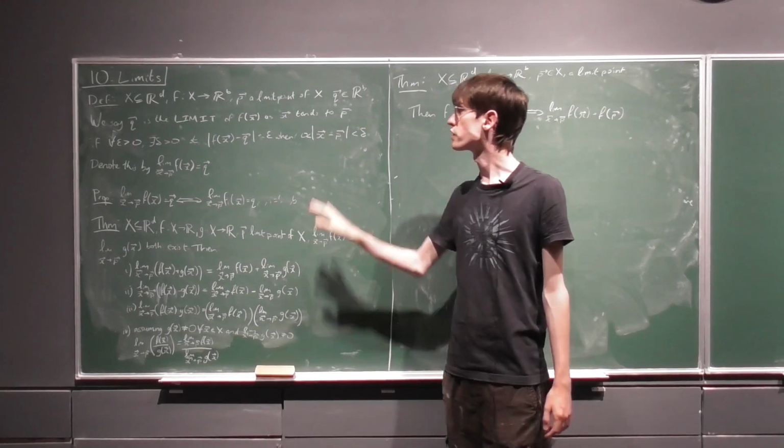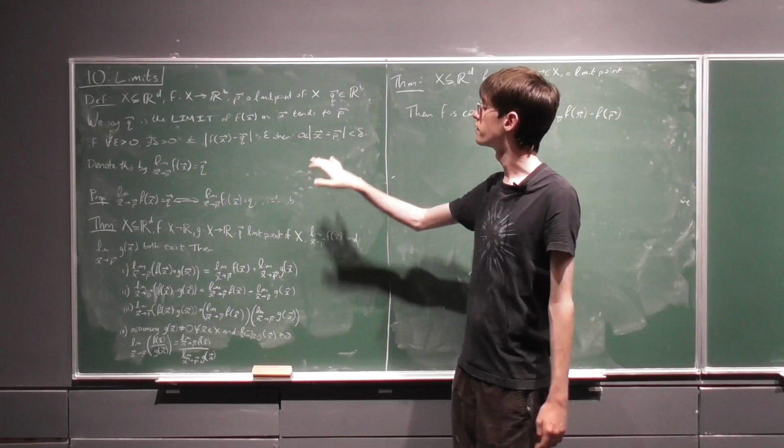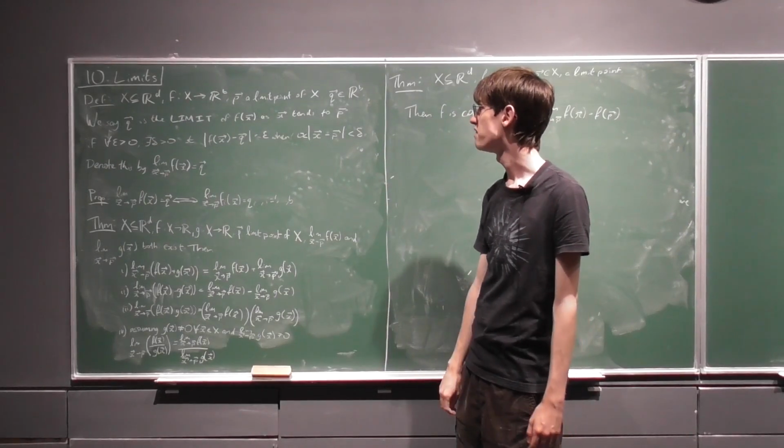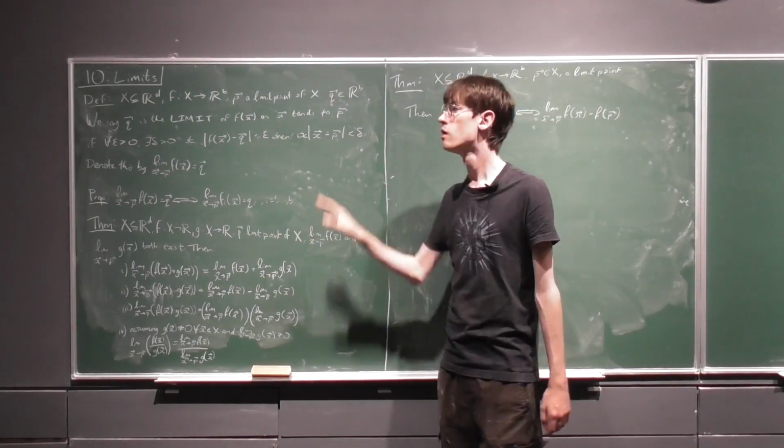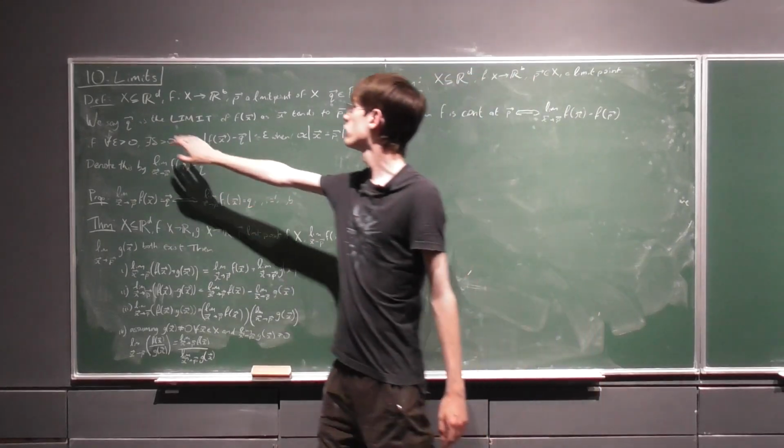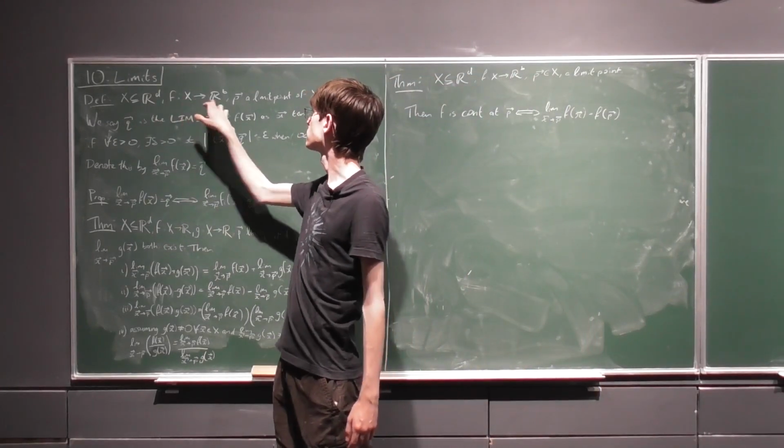So now just to go over the idea of limits in several real variables. They behave exactly as you would expect them to, but just to give it a bit of formality. We have X in R^d and f mapping X to R^b.